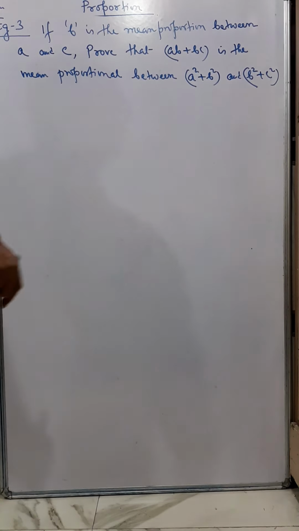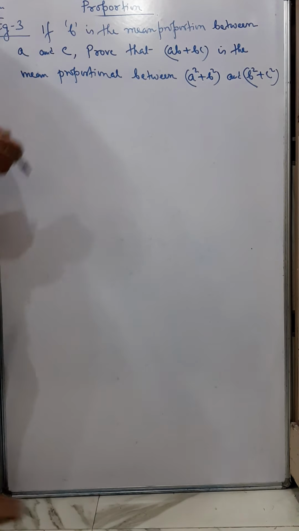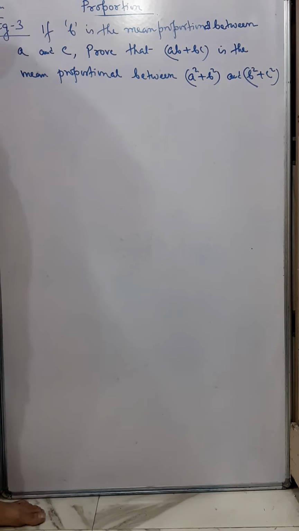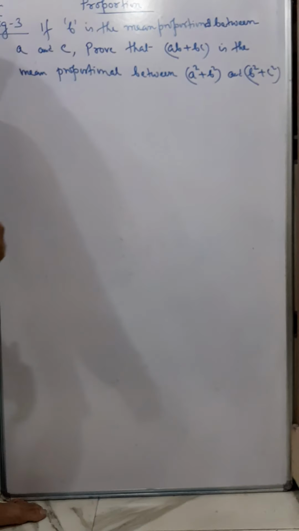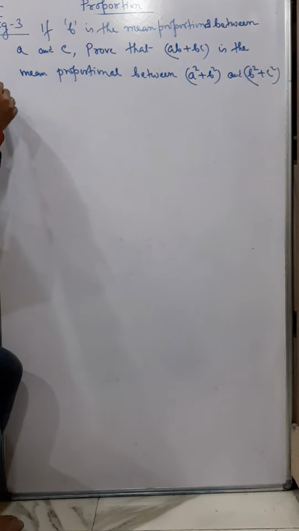Now, okay, next example. Here they told, if B is the mean proportional between A and C, prove that AB plus BC is the mean proportional between this and this.